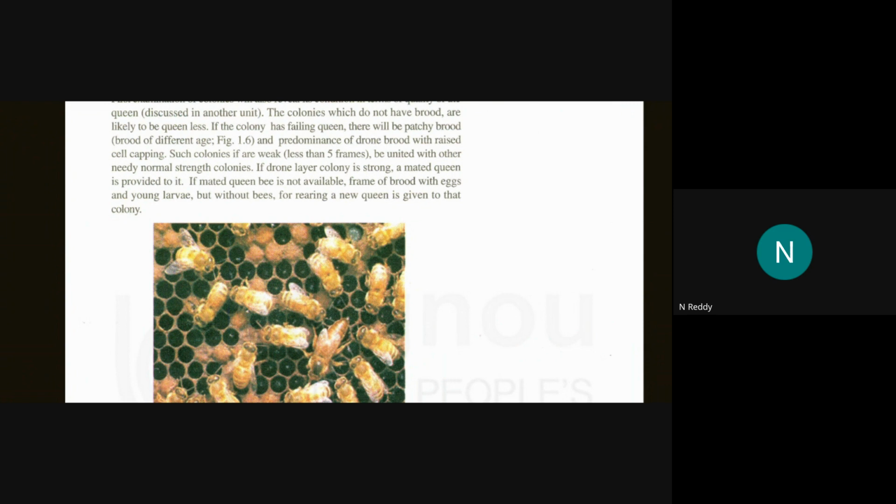If it is a strong colony, you can introduce a new mated queen, so that egg laying takes place efficiently, and the activity of the bees will be normal.